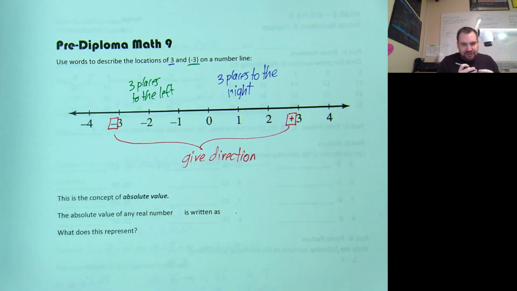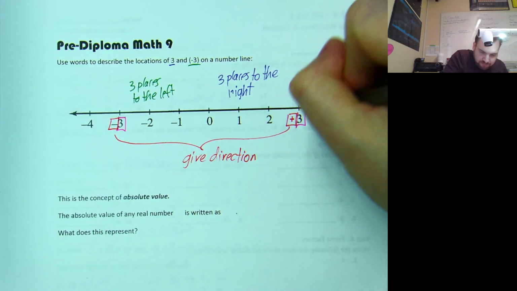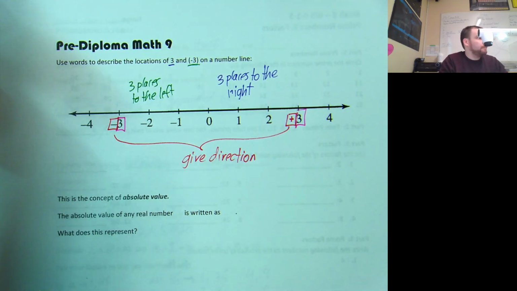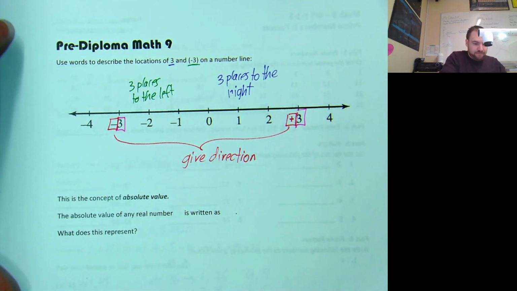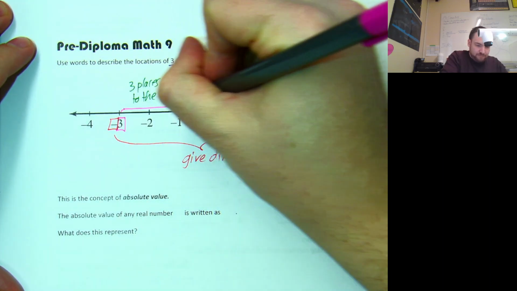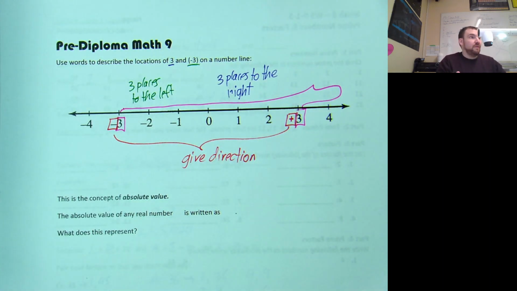So then what happens to the other piece? What does the 3 do in this case? Yeah, Rebecca? Yeah, how far to go?